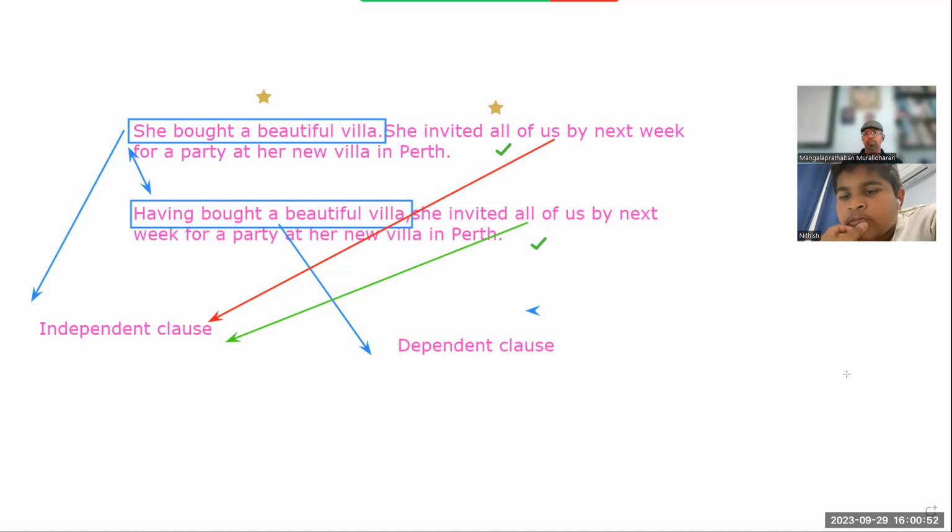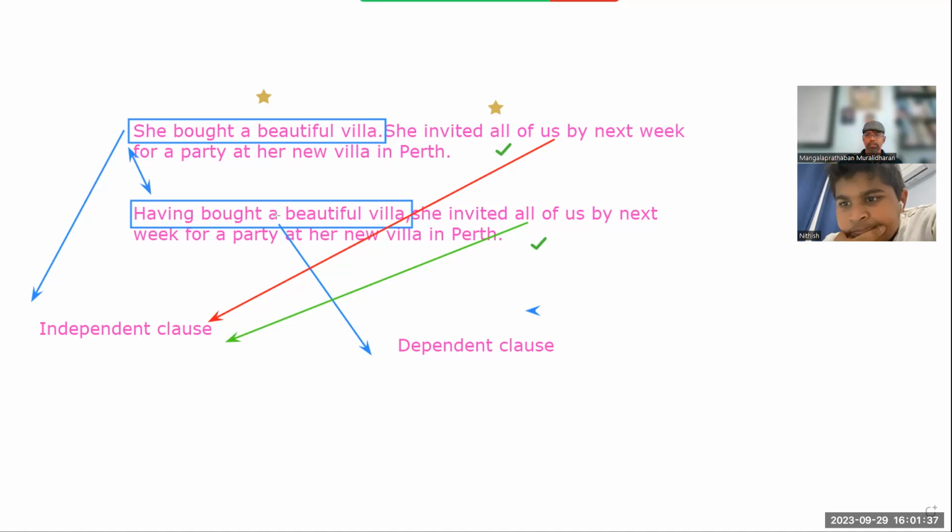Subsequently, when you say having bought a beautiful villa, that's a dependent clause. It doesn't really become totally independent. It indicates the participial phrase. It seems to be an extension, but I've given it to you as a dependent clause. Having bought a beautiful villa, we can even call this a dependent clause for one reason: the subject is absolutely implied.